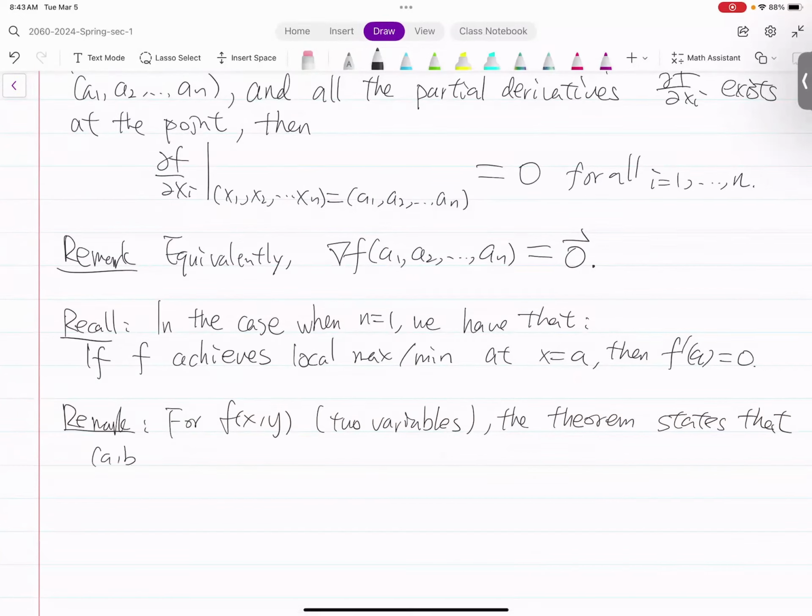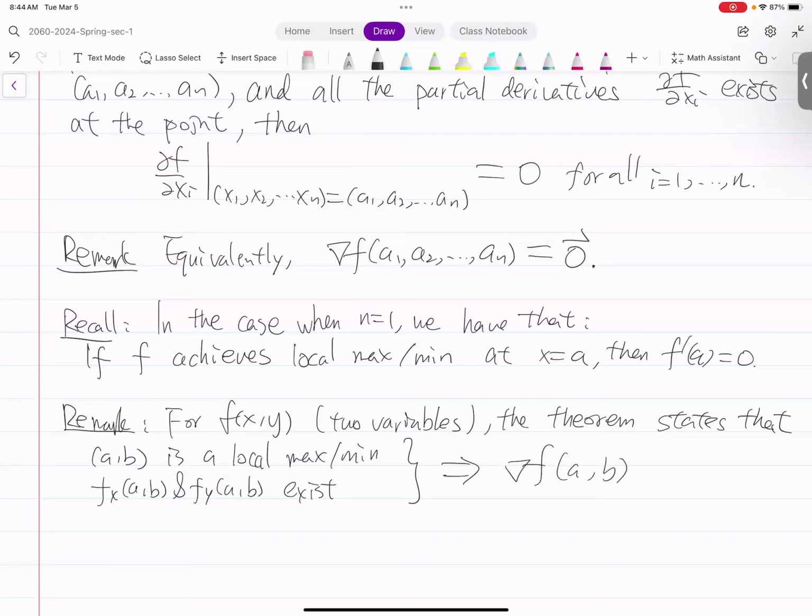We need the assumption that the pair (a, b) is a local max or min. And we also need to assume that the partial derivatives f sub x and f sub y at the point both exist. Then, given both conditions, we can say that the gradient at the point has to be the zero vector.